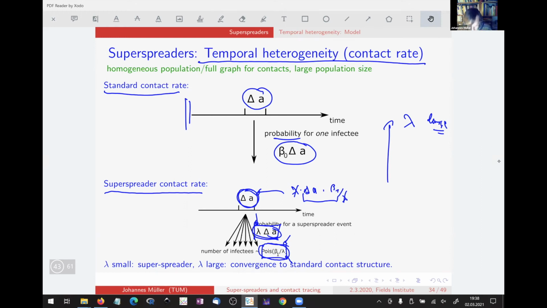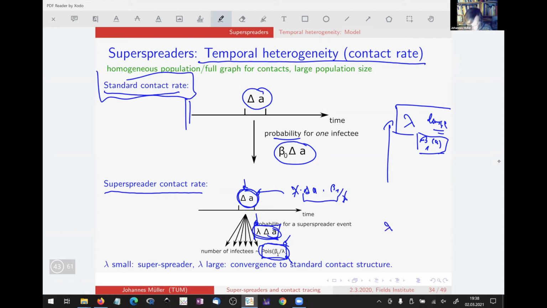And that does mean that we have in each time interval either 0 or 1 infectee, and we get indeed the structure of the standard contact rate with beta 1 of A as the contact rate. So if lambda is large, we basically are back in the standard case.